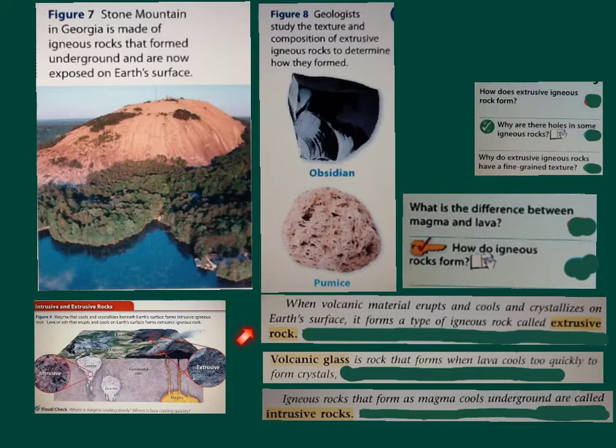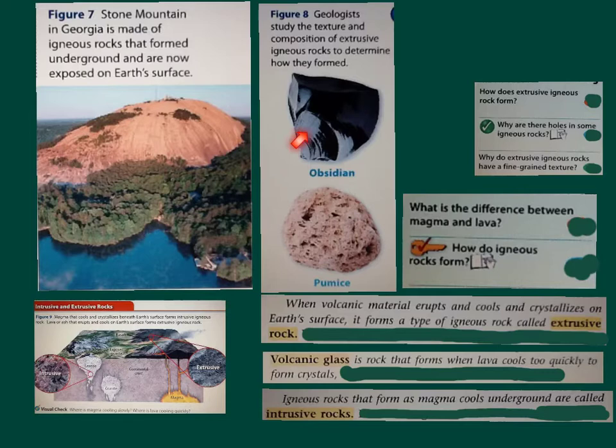The next one I want you to write down in your science journal would be volcanic glass. Volcanic glass is rock that forms when lava cools too quickly to form crystals. So obsidian, this one right here in Figure 8, is volcanic glass. Those are two things. Pause this, write those definitions and those words, please.